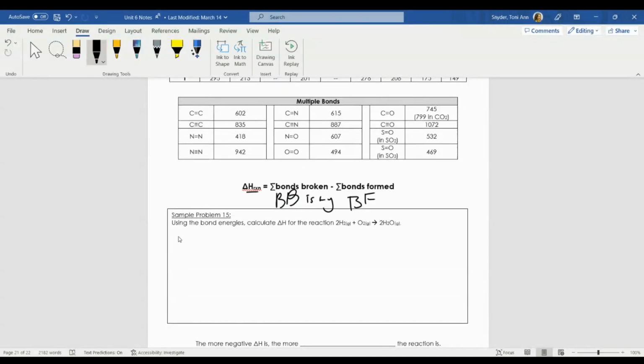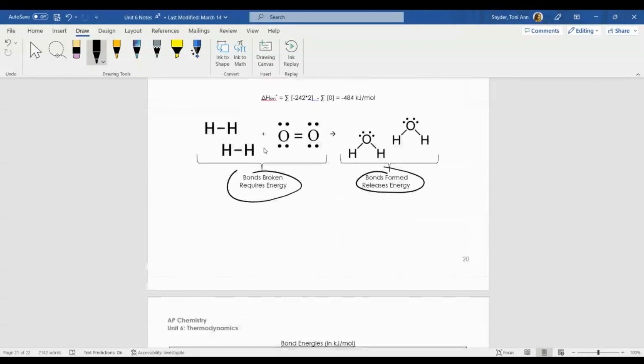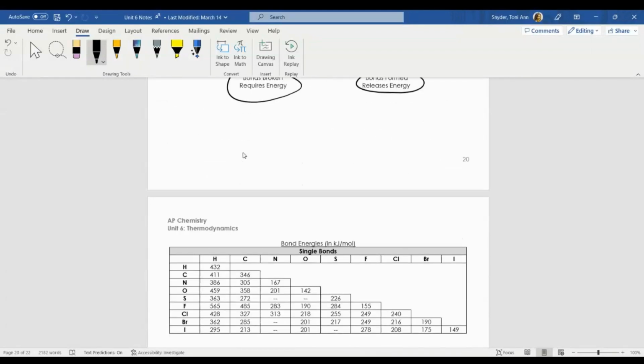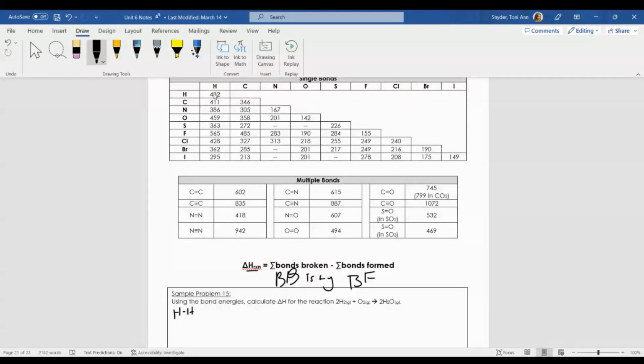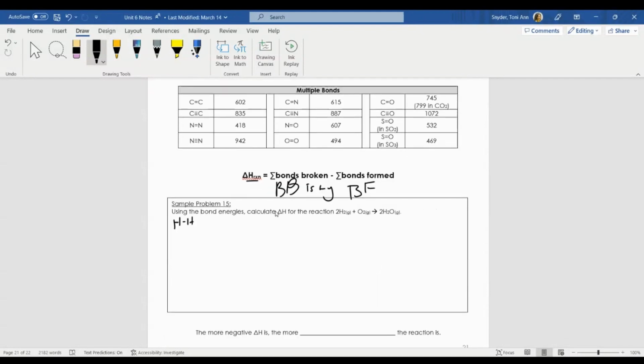Let's take a look. In order for that reaction to occur, we said already I have to break 2 hydrogen-hydrogen single bonds, which have a bond energy of 432 kilojoules per mole, but there are 2 of those bonds, so I'm going to multiply that by 2.